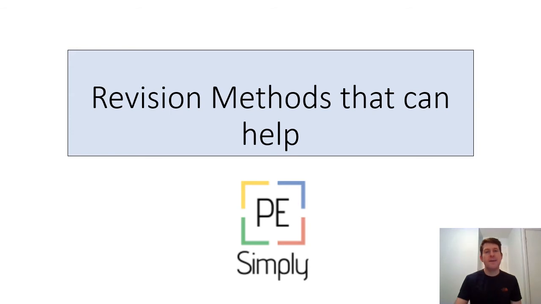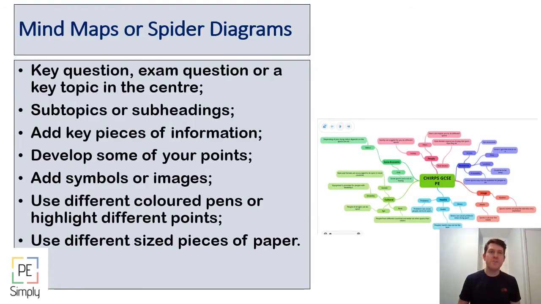So let's now look at the revision methods, the top tips that might be able to help you for the GCSE exam. One of the first ones to look at is mind maps or spider diagrams, making sure that you pose either the topic in the middle of the spider diagram or a key question.